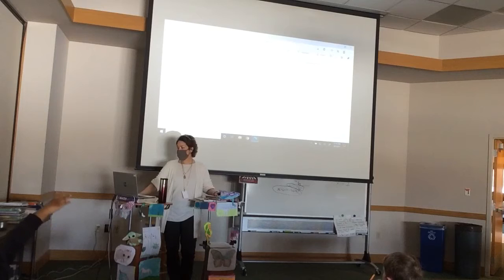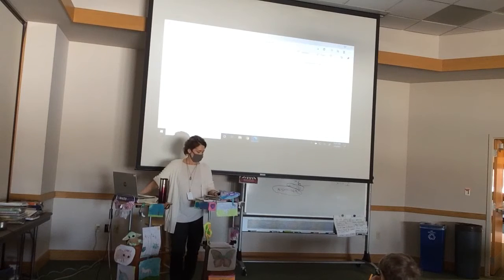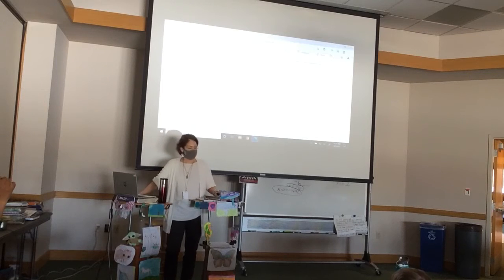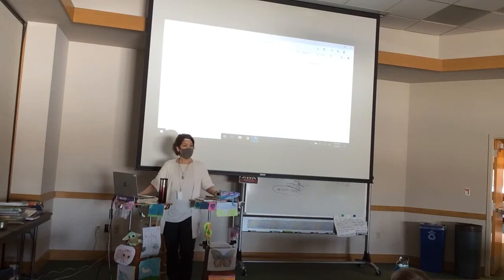What is 4 times 6? Tessa? 24. E. What is E down? What is 4 times 3? Grayson? 12.